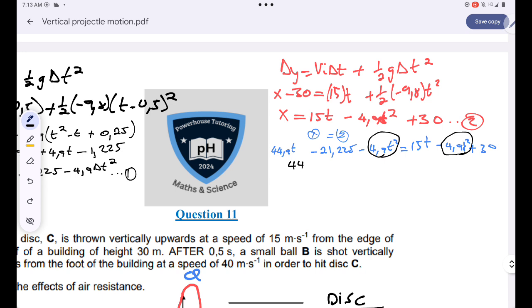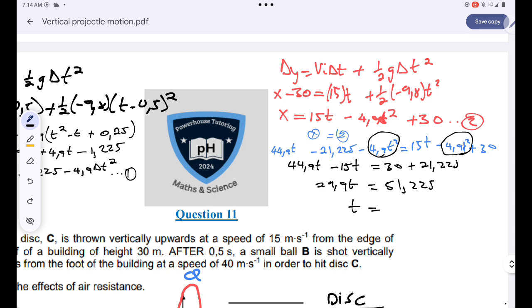I will have 44.9t minus 15t is equal to 30 plus 21.225. So 44.9 minus 15, I'll simply have 29.9t being equal to 51.225.